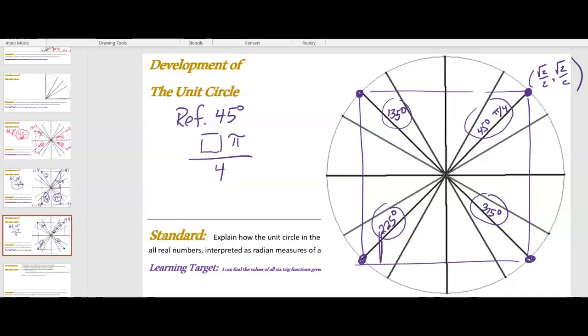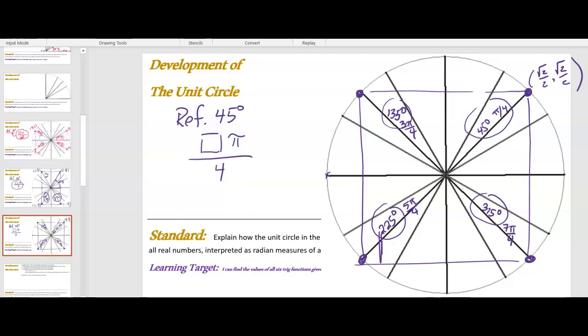So 135 is going to be 3 pi over 4. 4 pi over 4 is pi. 5 pi over 4 lives here. 6 pi over 4 reduces. 7 pi over 4 lives here. So you have 1 pi over 4, 3 pi over 4, 5 pi over 4, 7 pi over 4. Those are your radian angles that reference 45 degrees.